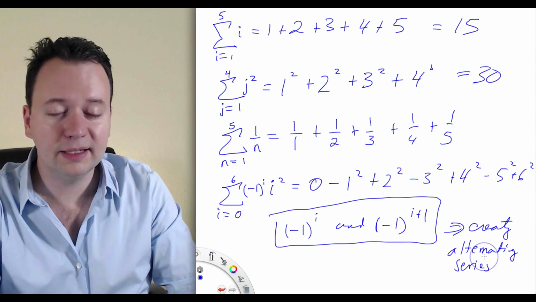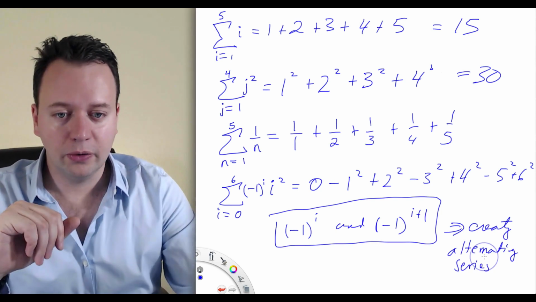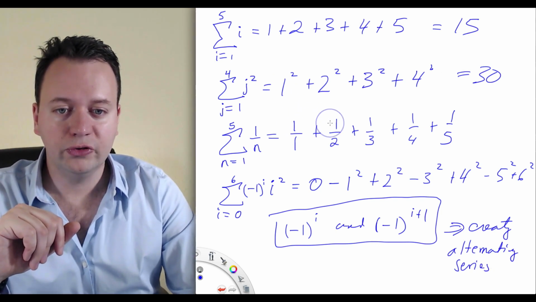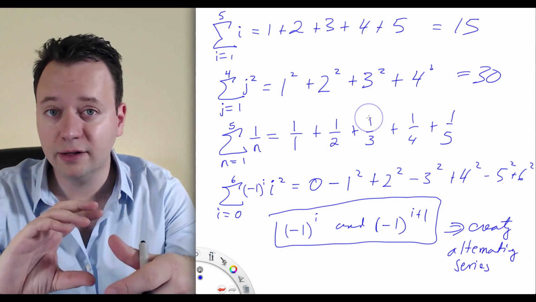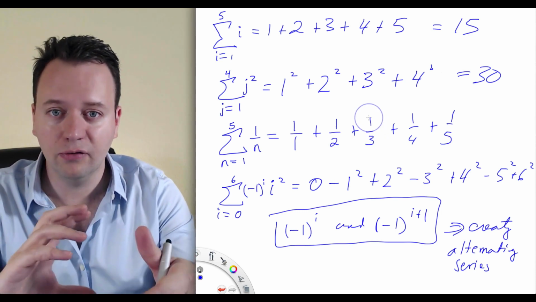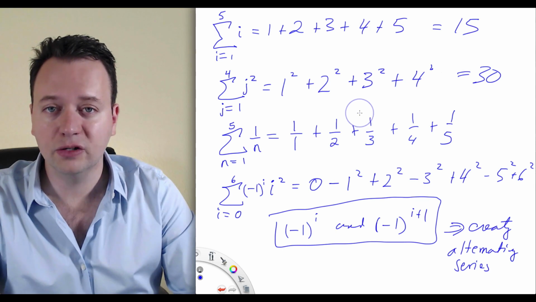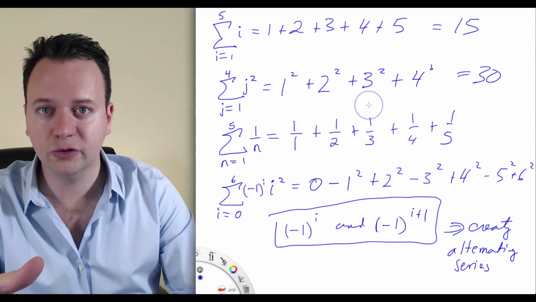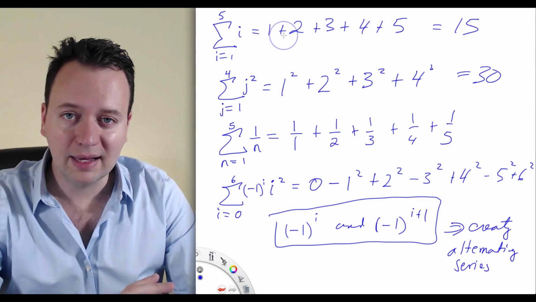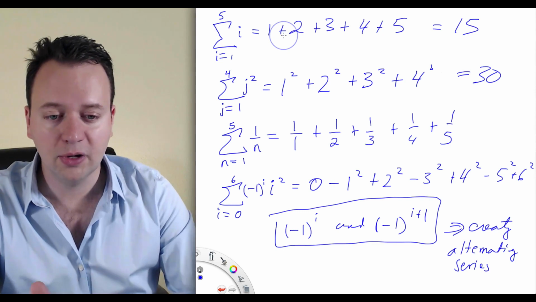So an alternating series is a series or a sum whose sign alternates from positive to negative. Plus 1, minus 1, plus 1, minus 1, plus 1, minus 1.